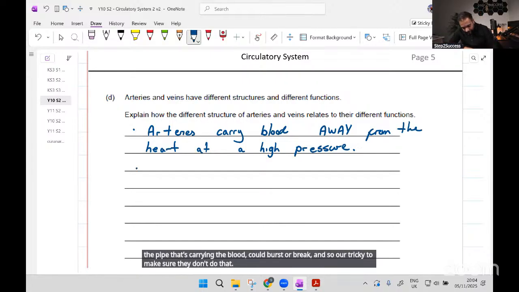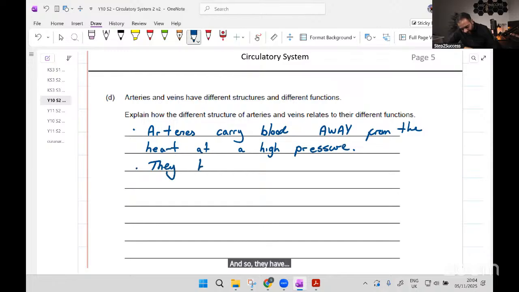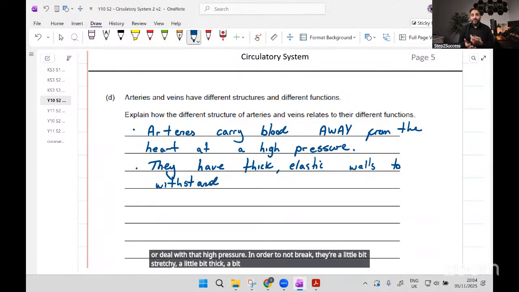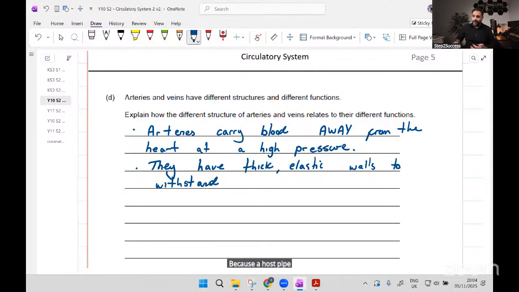And so they have very thick, elastic walls to withstand or deal with that high pressure. In order to not break, they're a little bit stretchy and a little bit thick, a bit like a hose pipe, because a hose pipe is also carrying water at a very high pressure, and it is made of a very particular material.